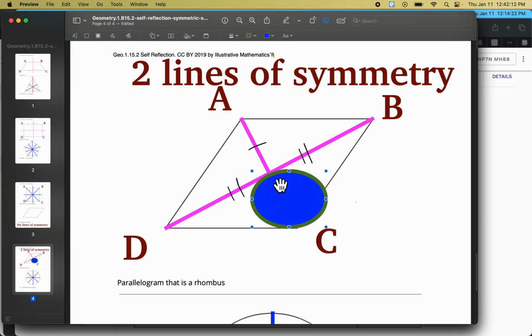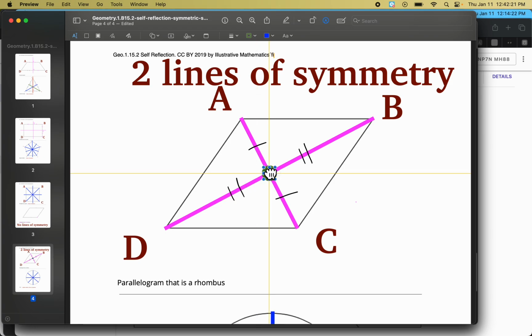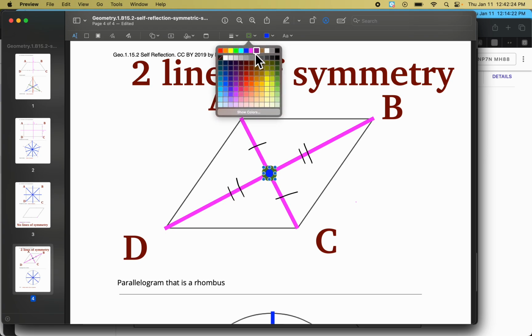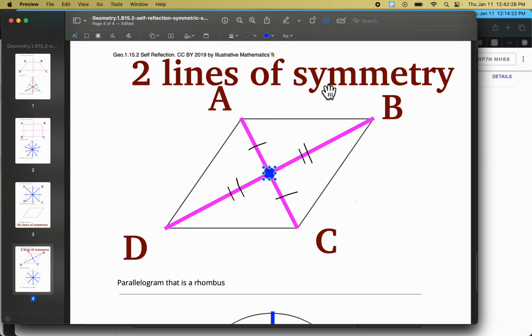We'll use this center point here as our point, and call that point X. The distance between A and X and between C and X are going to be exactly the same, and the distance between B and X and D and X is also going to be the same, in order for those points to land on each other when you flip them across those lines of reflection. Okay? All right.